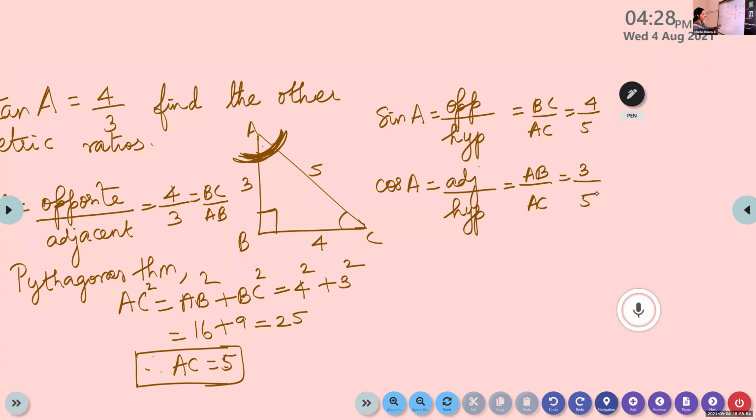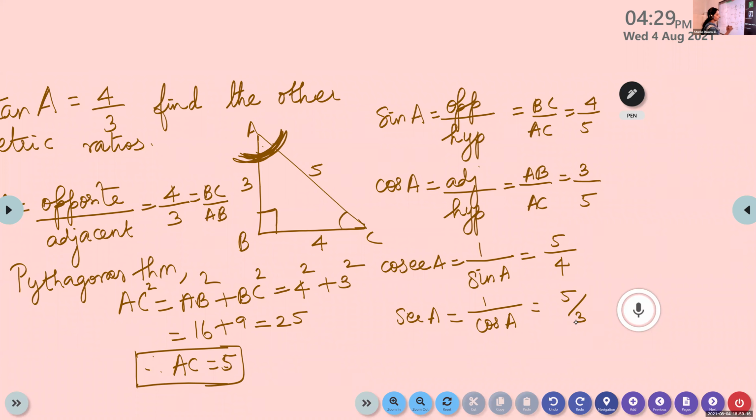Cosec A is the reciprocal of sine, 1 by sine A, so it is 5/4. Sec A is the reciprocal of cos, 1 by cos A, so it is 5/3. And cot A is the reciprocal of tan, 1 by tan A, which is 3 by 4.